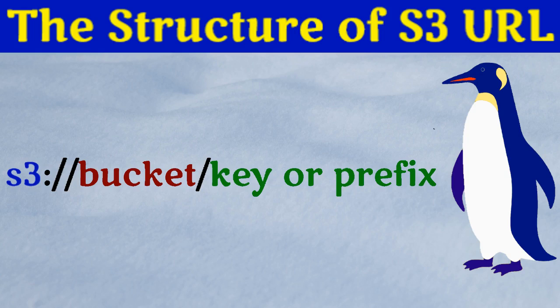So, what is an S3 URL? An S3 URL represents the location of a bucket, object or prefix. The S3 URL has the s3 scheme and is up to two parts separated by a slash. The first part is the bucket name. The second part is the object key or the prefix.